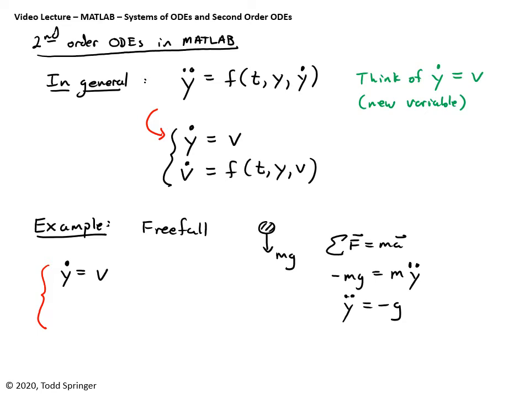And the second one is v dot, which is the acceleration, is minus g. So that's my free fall, ball falling with constant acceleration, written as a system of two first order equations. So now let's solve this equation using the two methods that we learned earlier in the lecture, using Euler's method and then ODE45.